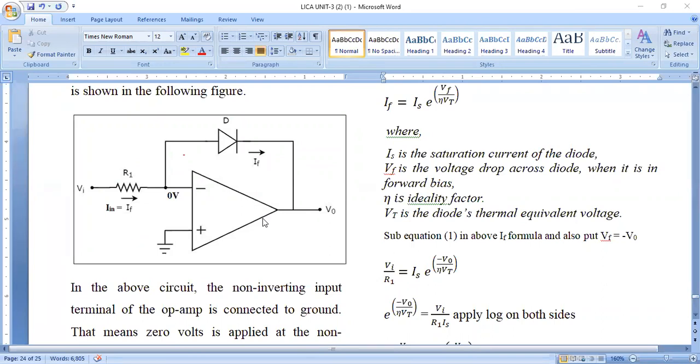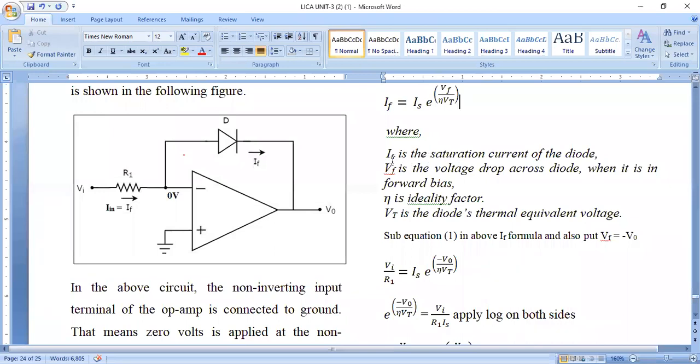The reverse saturation current Is of the diode changes with temperature. That means the saturation current has a temperature effect; in fact, it doubles with the effect of temperature.